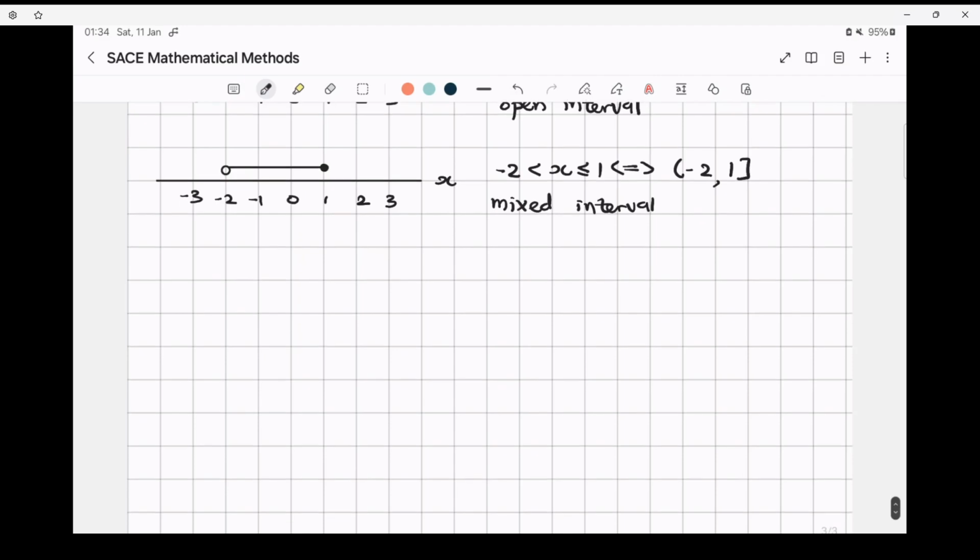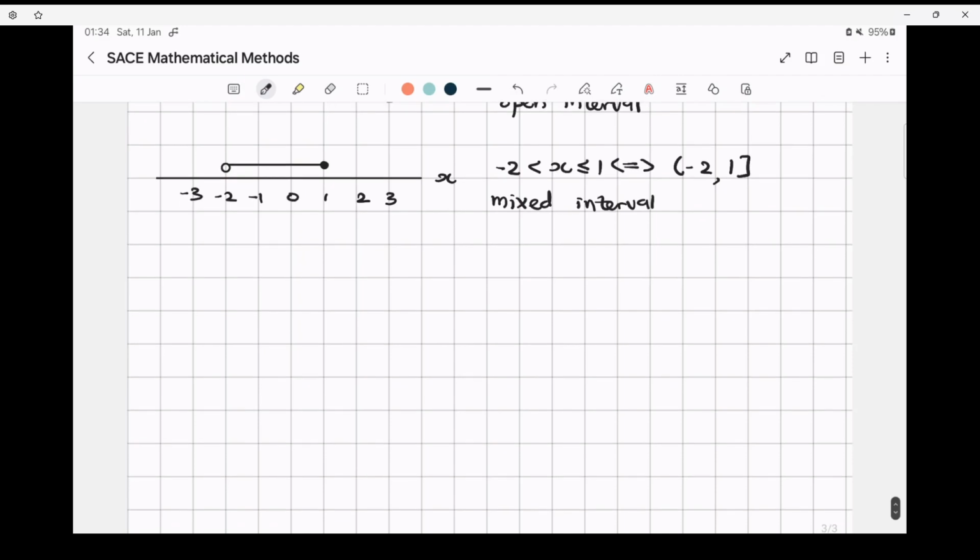So if you want a proper definition, the domain of a function is the set of inputs accepted by the function.